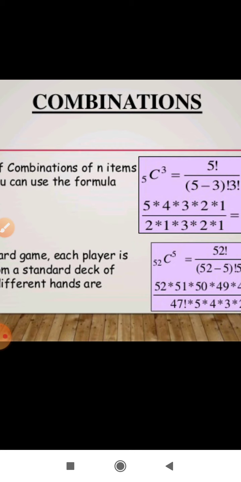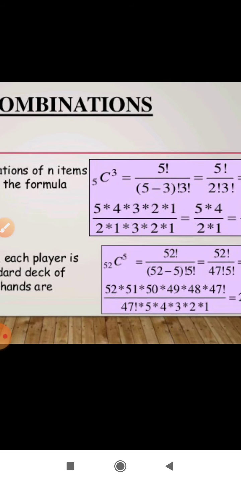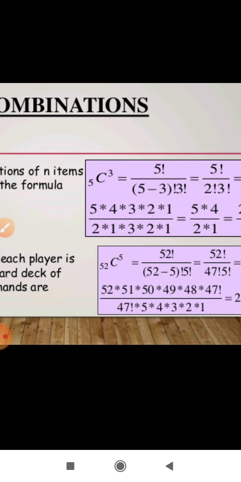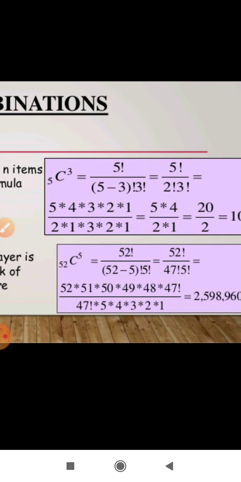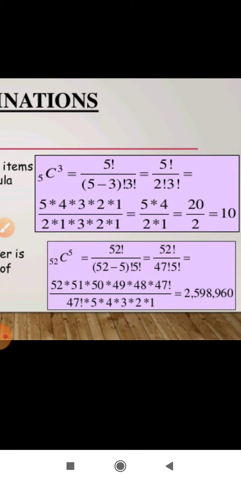So 52C5 is equal to factorial 52 upon factorial 52 minus 5 into factorial 5. So 52 minus 5 is 47 factorial, and 5 factorial. After calculating, you get 2598960.